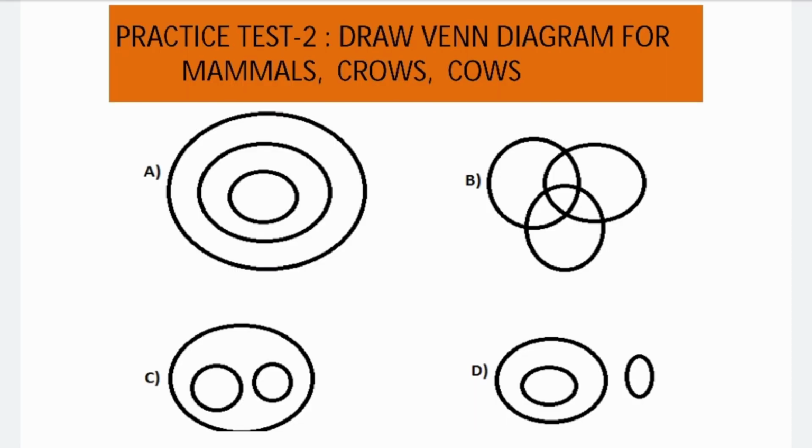Coming to the second question, draw a Venn diagram for relation between mammals, crows and cows. For this I can give only 5 seconds.